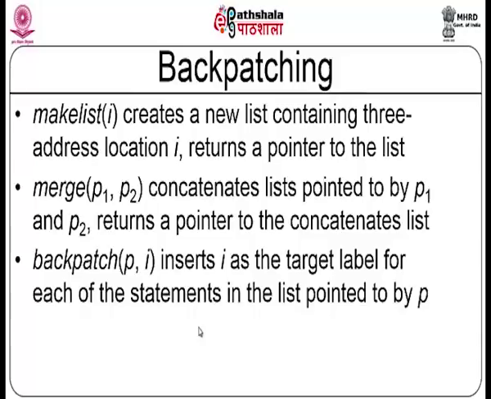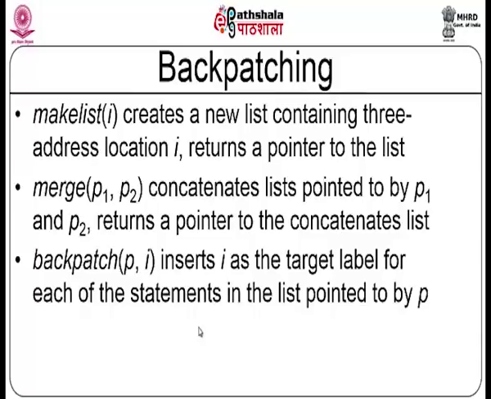So we say 100 is the line number of a quadruple, 101 is the line number of a quadruple. Makelist will create a linked list of such information. Then merge(p1, p2) is given 2 lists whose pointers are p1 and p2. It merges them and returns a pointer to the concatenated list, that is, it joins 2 lists together.